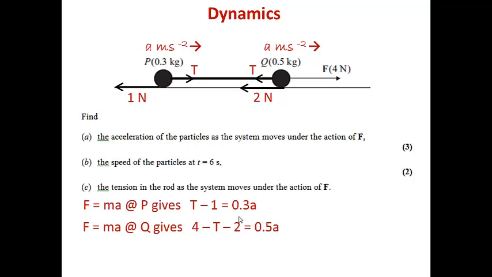And that causes the mass of 0.5 kilograms to accelerate at the rate of a, so we get this equation. If we add the two equations together, we get 4 minus 1 minus 2 equals (0.3 plus 0.5)a. And this is in fact the result of applying F equals ma to the system as a whole. With these equations, we can easily calculate a. Equation 3 is the best to work out a, and then we can work out T from either of the two remaining equations.